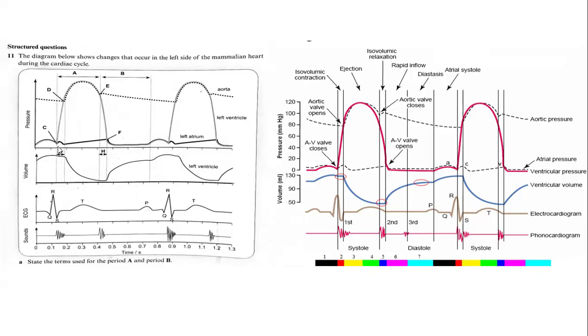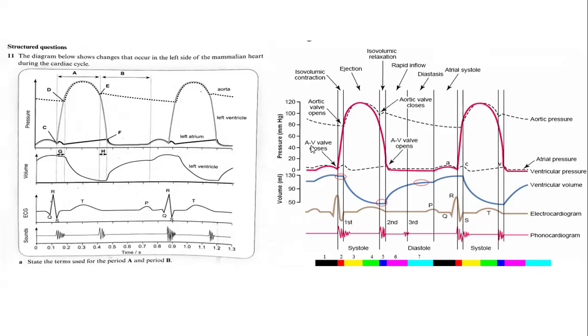So let's go ahead and do it. Leonie, tell me what is C, D, E, and F? Valve closing, which valve? The aorta. Not the aorta. It's this valve, right? What do we call this valve?